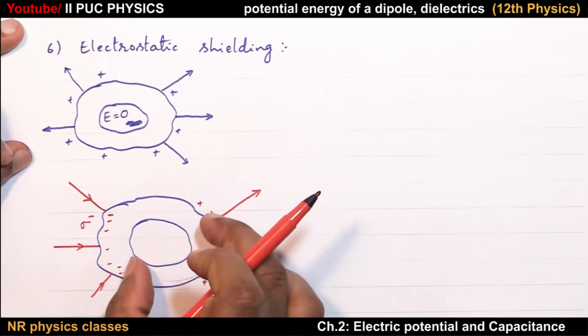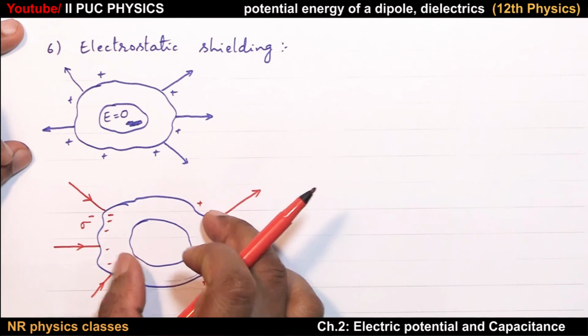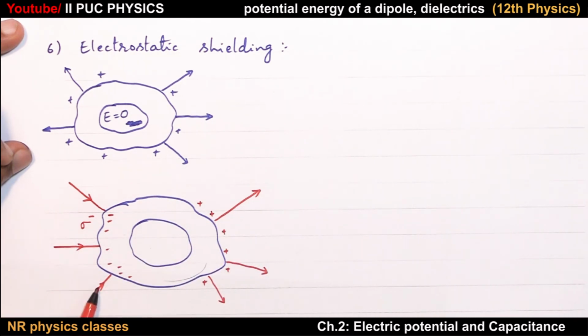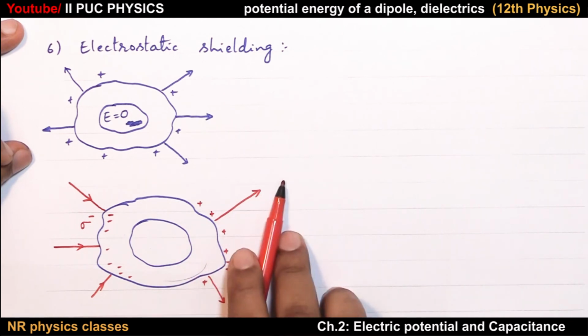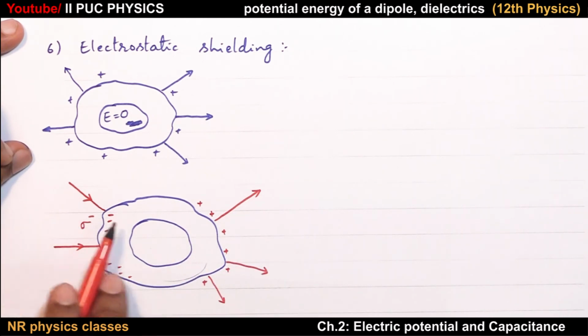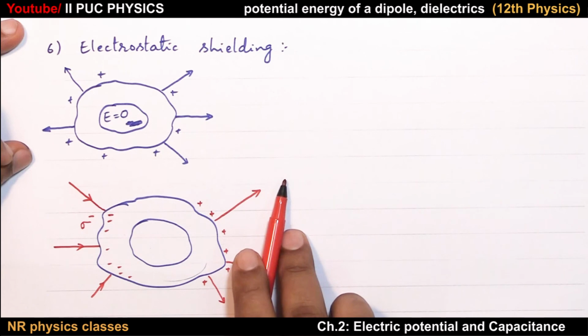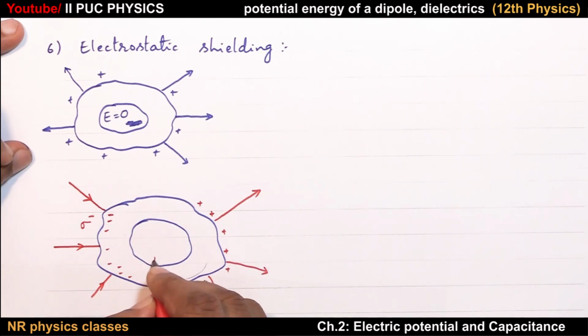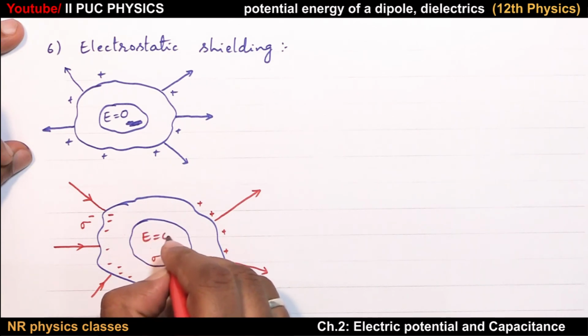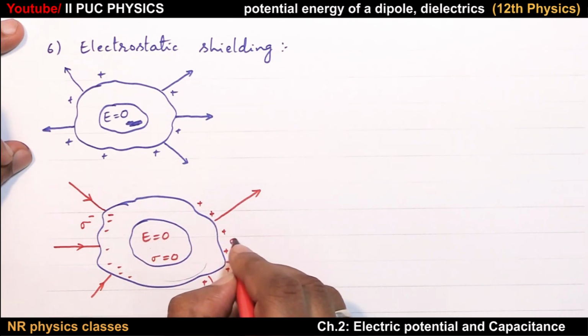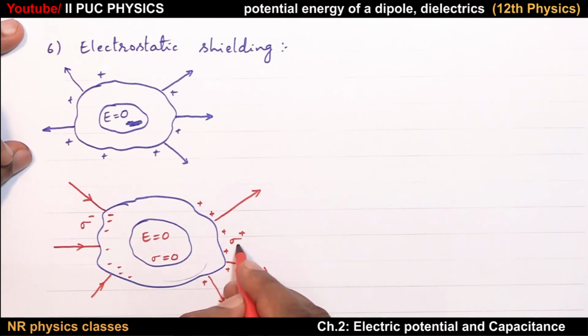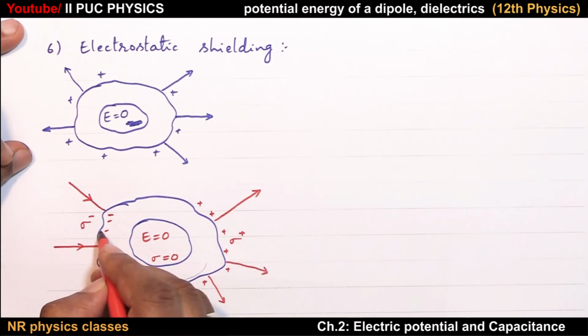See, we are applying an external electric field, and that external electric field is perpendicular to the conductor, and on the other side we can find the electric field again perpendicular but outward. Here perpendicular and inward, here perpendicular and outward, and the net charge density inside the cavity is 0. So the electric field is also equal to 0. And this is sigma plus, positive charge density, and this is negative charge density.